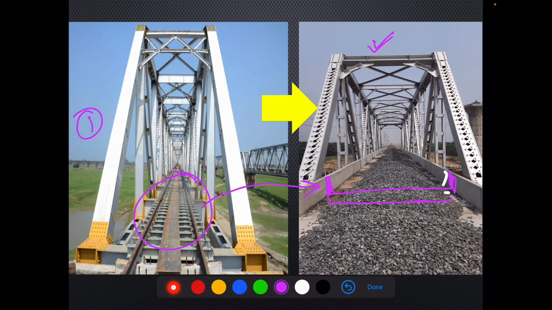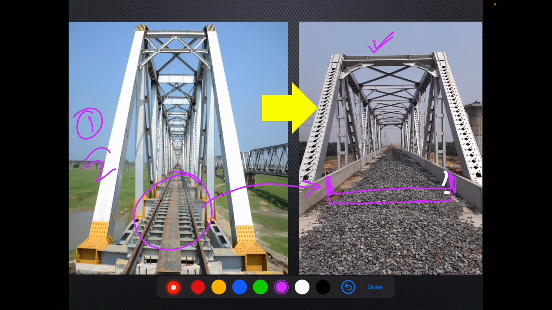This concrete deck is used for spreading the stone ballast, and over this stone ballast, we can continue our ordinary track, just like we do on our earthen embankments. A normal track with stone ballast, concrete sleepers and rails can be continued over our bridge also. We do not need a special kind of steel sleepers for laying the track over ballasted deck open web girders. So this is the first difference.